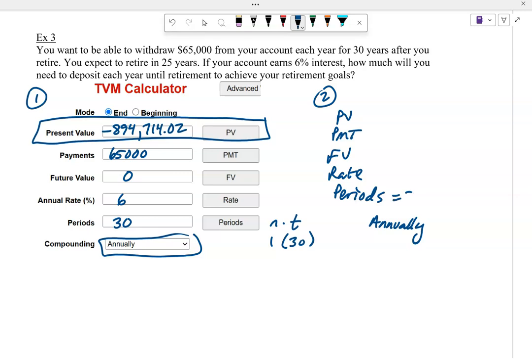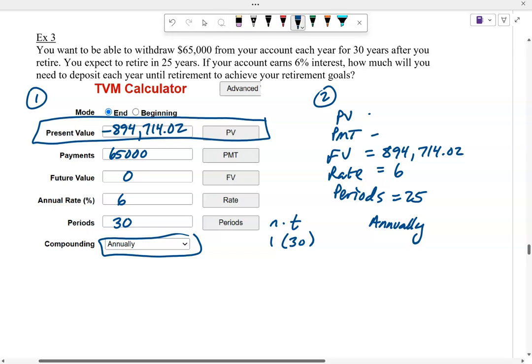I've got to do this in 25 years. Let's say we're still only getting 6% on our interest. I've got to build this up. So I have $894,714.02 in 25 years, and I'm starting with nothing.